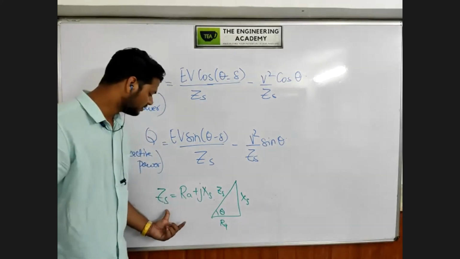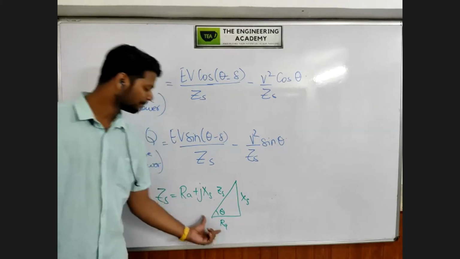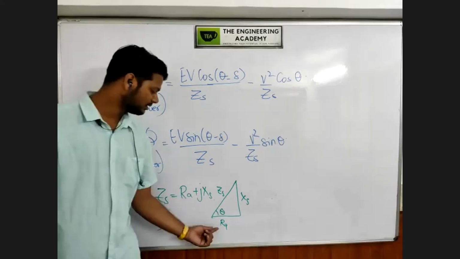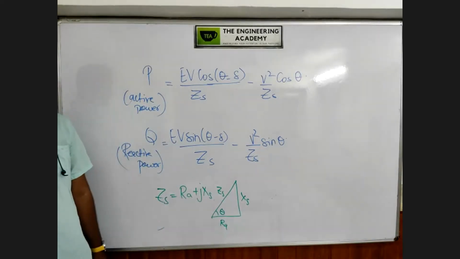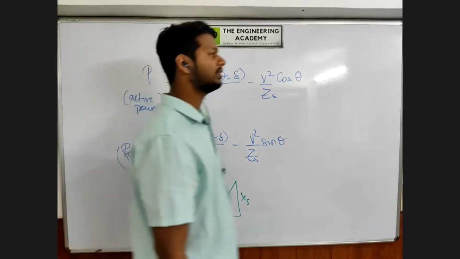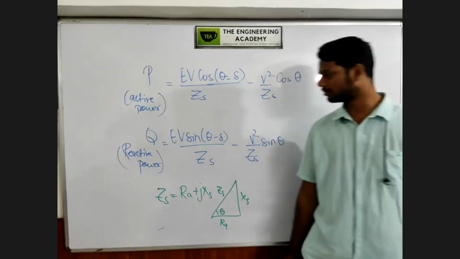From the formula ZS equal to RA plus jXS, I have drawn an impedance triangle. RA will be the base, jXS will be the perpendicular, and the resultant will be ZS. The angle between RA and ZS is called theta.